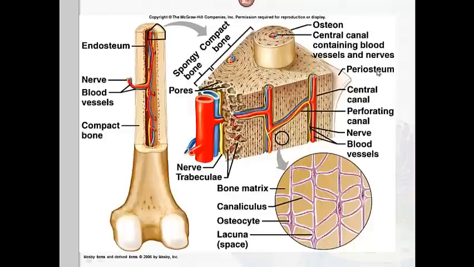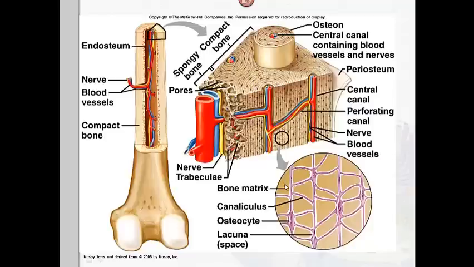You have the periosteum, which is the outer layer of the bone. Here are examples of compact bone, differentiated from spongy bone. Look at the network of porous trabeculae that the spongy bone has compared to the compact bone.